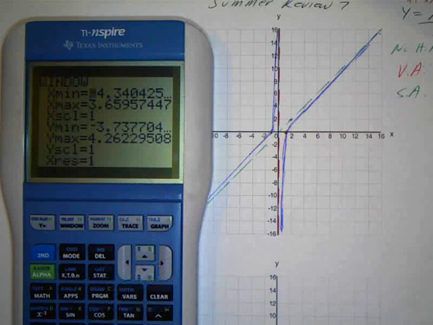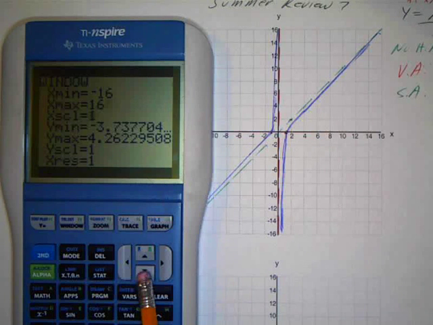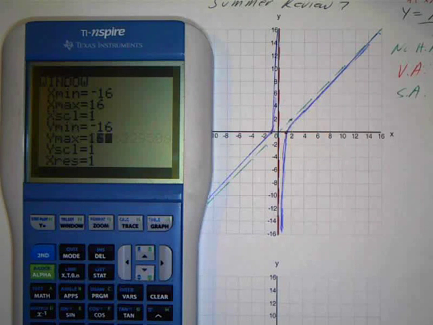Oh, geez, I forgot my zoom in, so I have to go negative 16 to positive 16. I'm just matching my graph now.